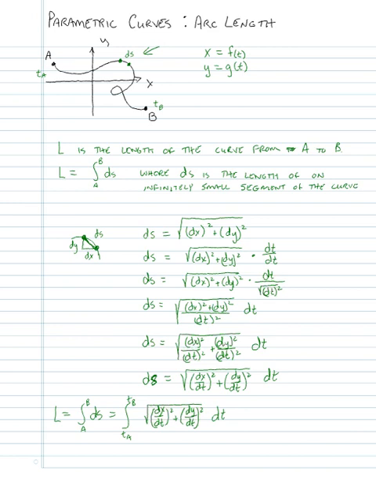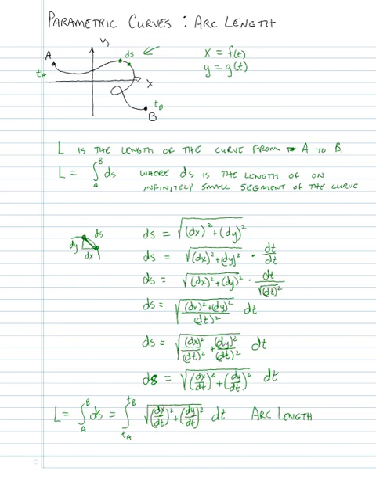And dy over dt is just the derivative of y with respect to t, and we ought to be able to calculate that. And so this actually gives us that arc length that we were talking about previously. We have a formula for it now that is in terms of the parameter. In this case, the parameter is called t.